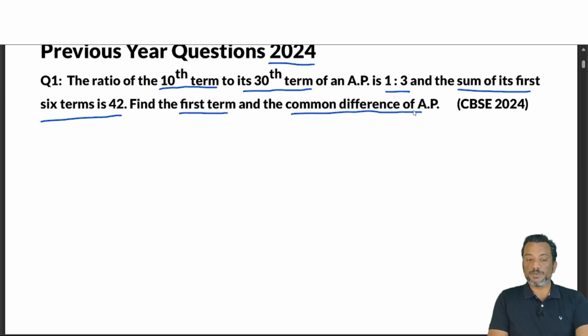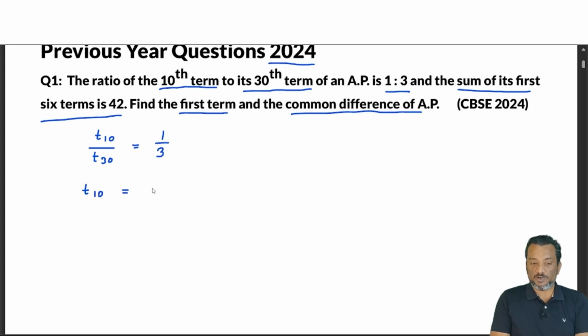First write down the details that are given. We can say the ratio T10 to T30 is 1:3.